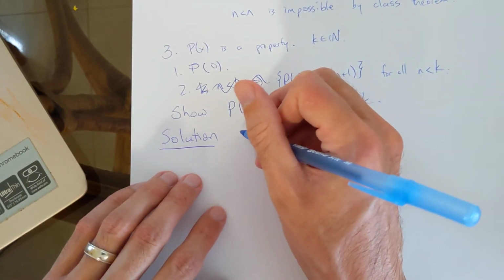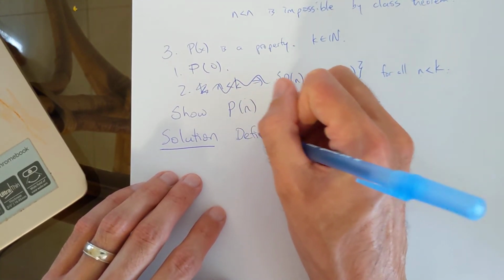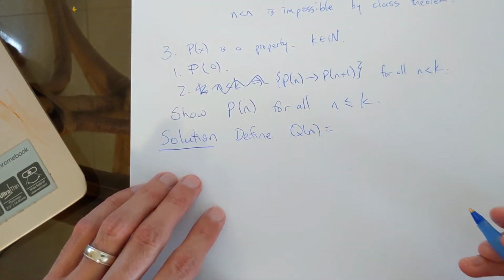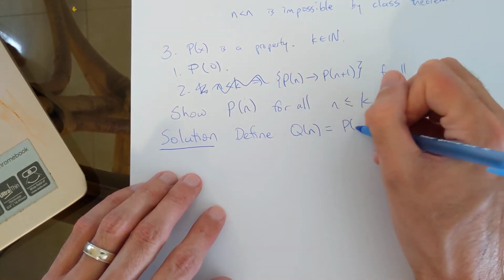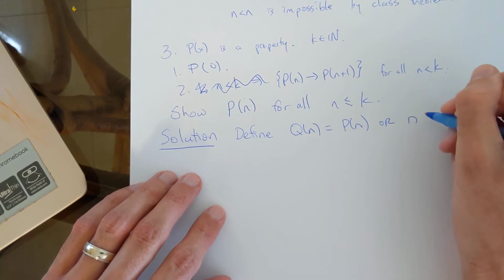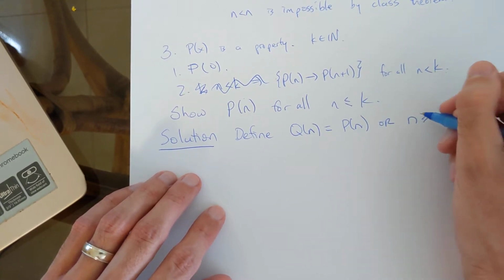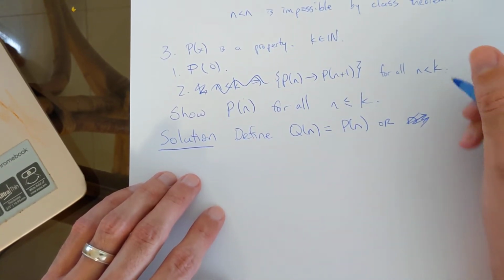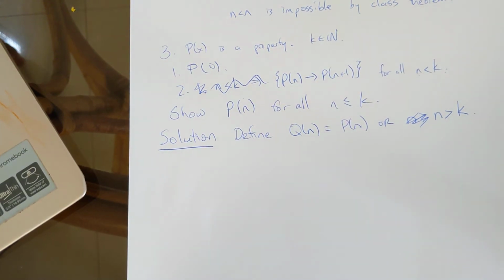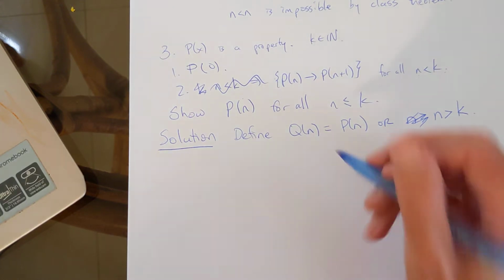proof, I guess. Okay, we just define a new property. Q of n is going to be the property that either P of n or n is bigger than k.